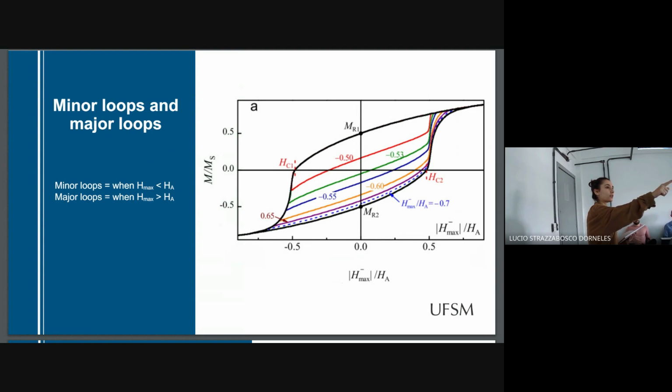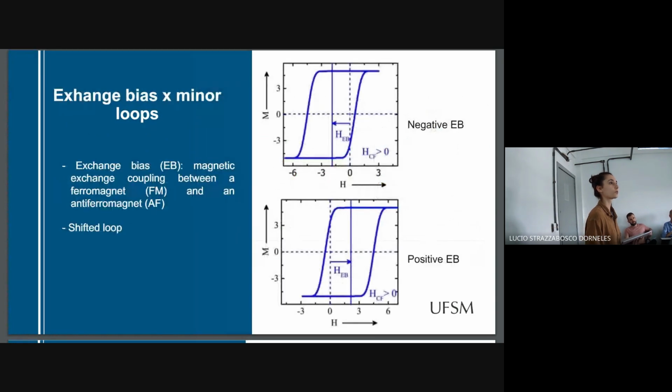When we have the minor loops, you can see the colored ones have a little shift relative to the black curve. But we don't have this shift only for minor loops. There's another thing which is also shifted when we see it on the graphic, and this thing is what we call exchange bias.